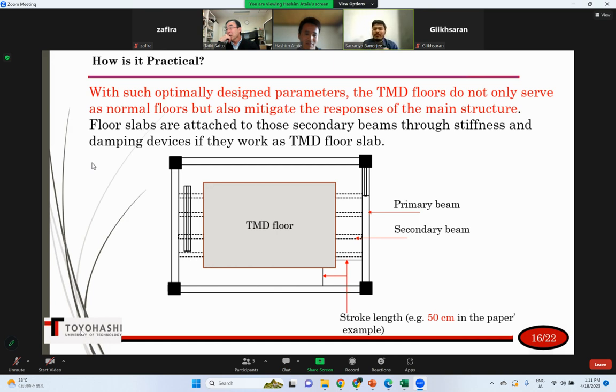So is this floor only a part of the whole floor system surrounded by four columns? I don't think any column can go through in between these floors. Yeah, these secondary beams are also additional mass.